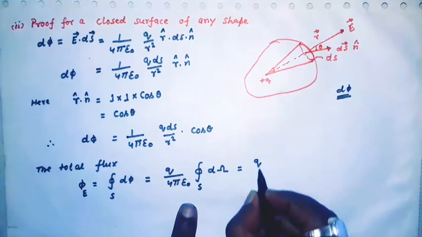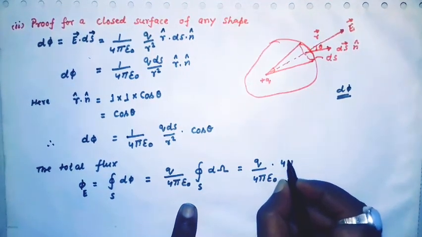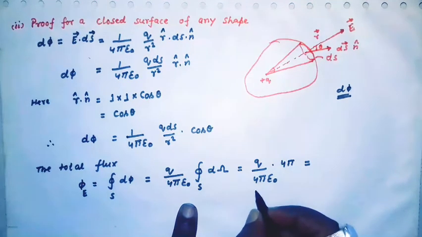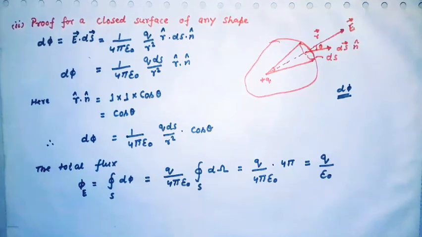So this will be equal to q upon 4 pi epsilon naught into 4 pi. 4 pi and 4 pi will get cancelled, and the result will be q upon epsilon naught.